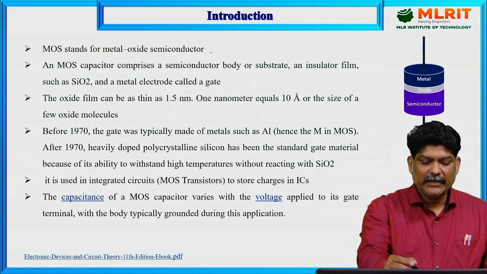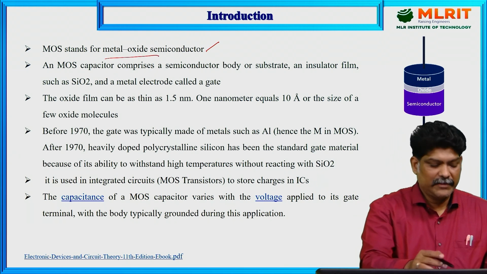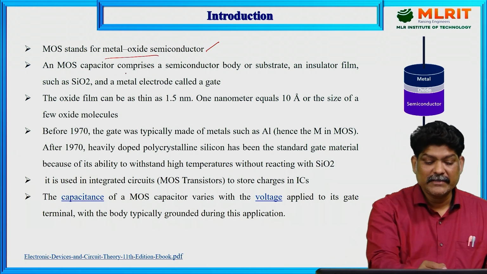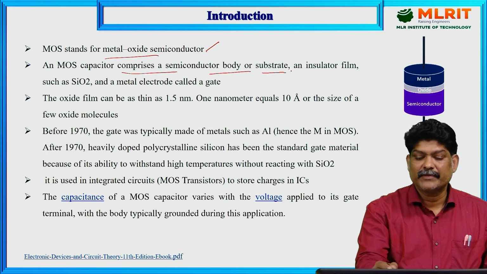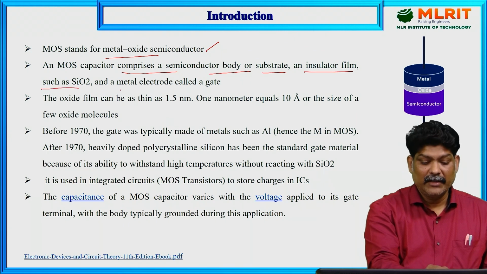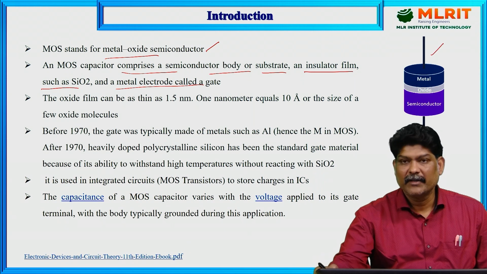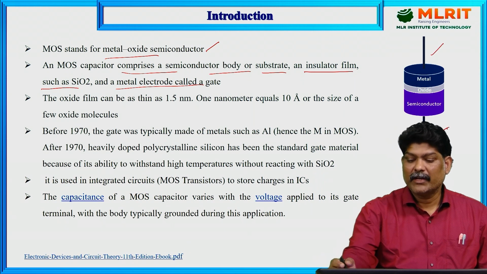So, coming to the introduction part, MOS stands for metal oxide semiconductor. A MOS capacitor comprises a semiconductor body or substrate, an insulator film such as SiO2 layer, and a metal electrode called gate. If you observe this figure, there are 3 layers.